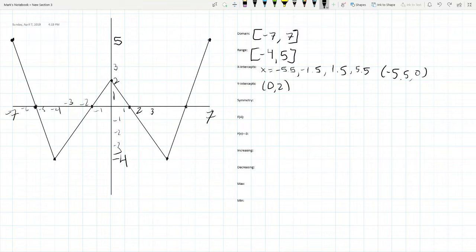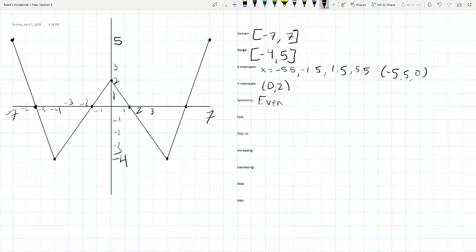Here, pretend that our line of reflection is the y-axis, then we do see that we have a complete reflection across that. So indeed, in this graph, we have even symmetry.